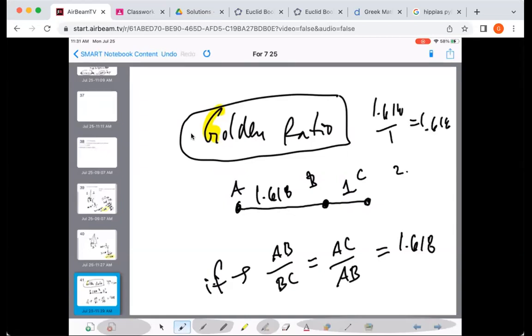But 2.618, the entire line segment, divided by 1.618 would also equal 1.618. So they define this with the Greek letter phi.